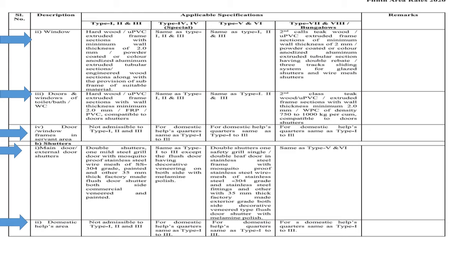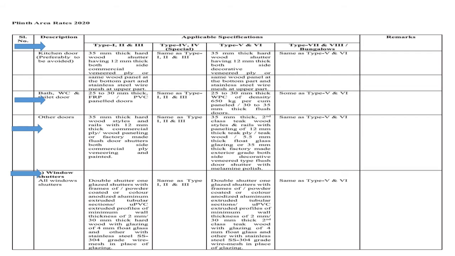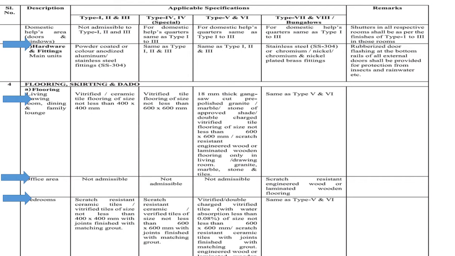Here you can see the shutters provided can be verified with the shutters available in the flat. This is kitchen door, then doors of bath and WC, then windows. Hardware fittings, then flooring.